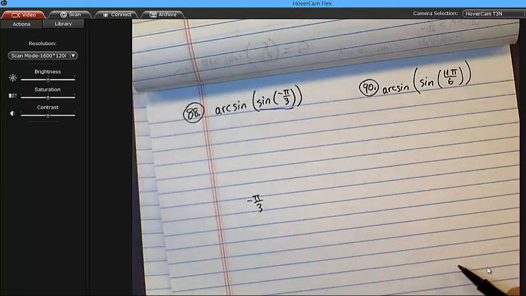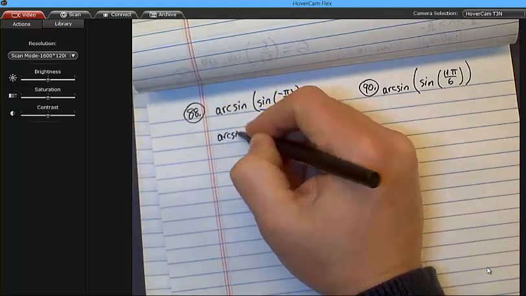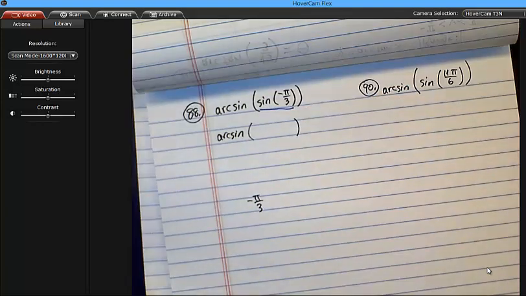Now, I need to explain how and why we do this. All right? So, the first thing you guys did, and I saw this walking around, was you computed the sine of negative pi over 3 by looking at the unit circle. And what is that?